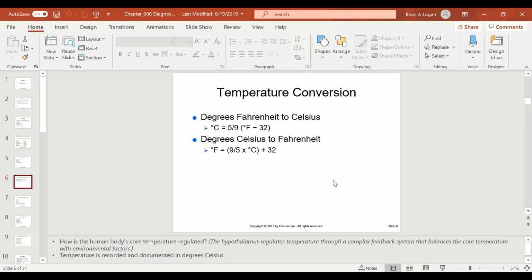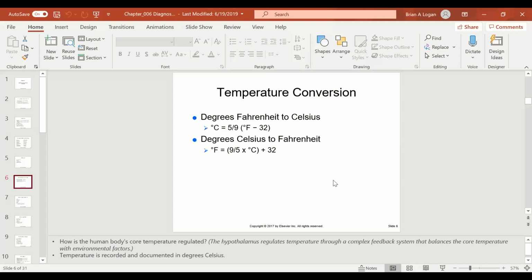But no matter which one you memorize, just memorize one of them, whichever one you like better, because you will see questions on your CST exam about converting temperatures, converting weights, right? Pounds and kilograms, ounces and milliliters or cc's. These are all fair game because they're part of your pharmacology questions.